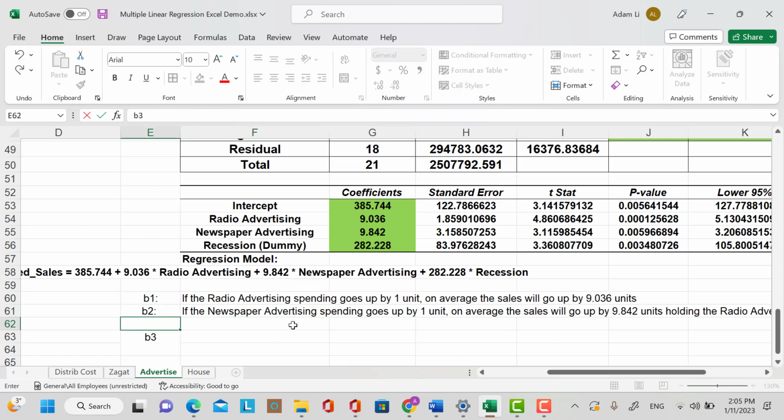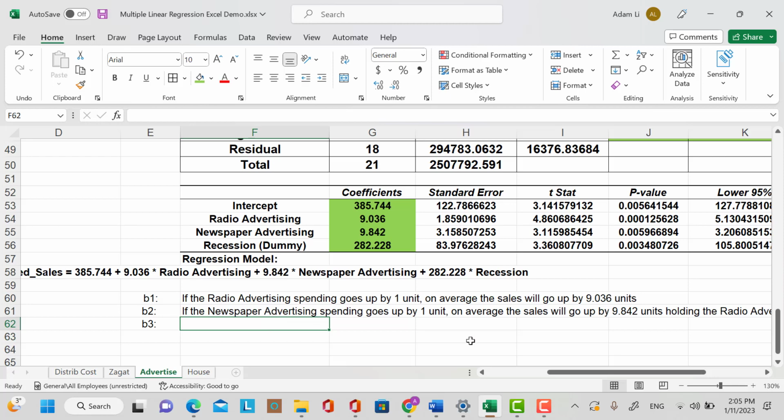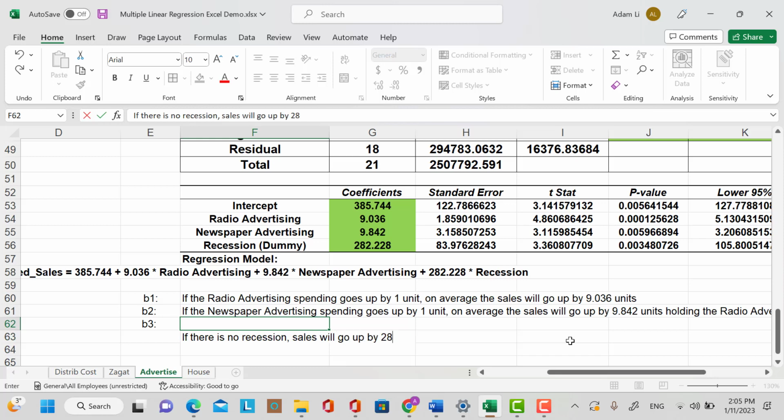Yeah, so B3, which is the recession. Interpretation of B3: if there is no recession, then the sales will go up by 282.228 units, holding the other two independent variables constant.